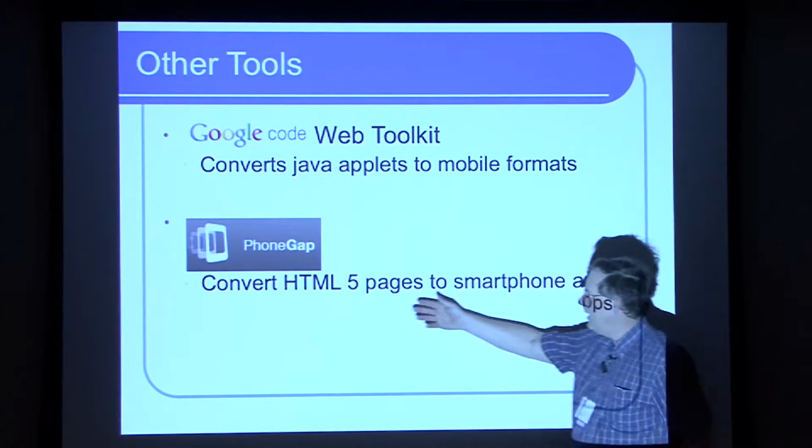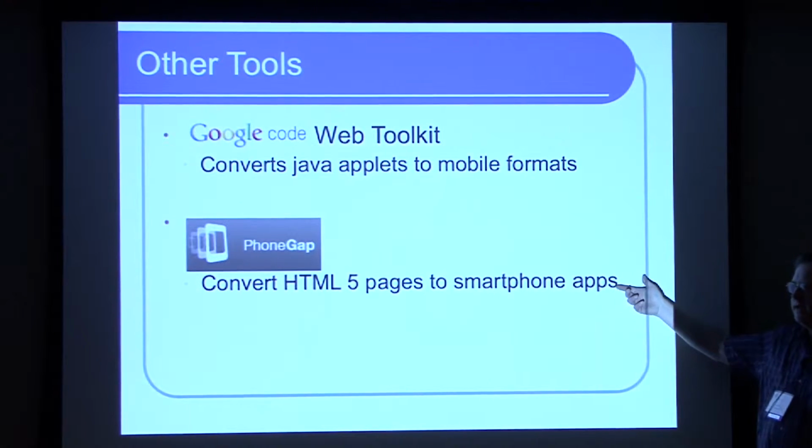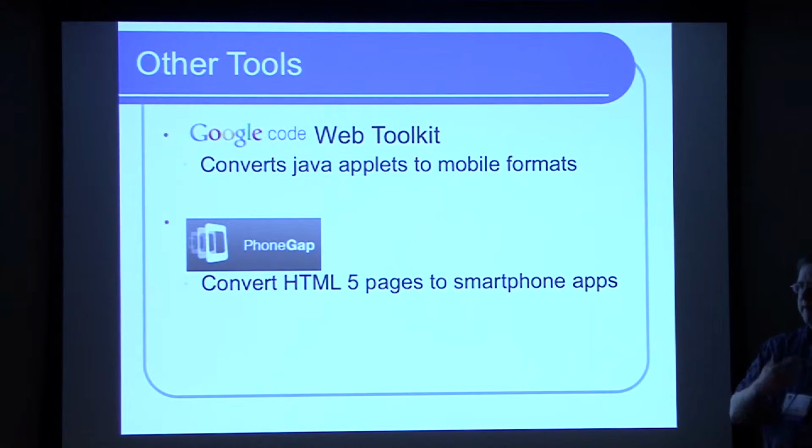PhoneGap is probably the best tool for taking an HTML5 page and turning it into a smartphone app. It also provides tools in case you want to use the smartphone features. So these are all things you can find by just Googling them and downloading them. They're the tools you would want to do this.